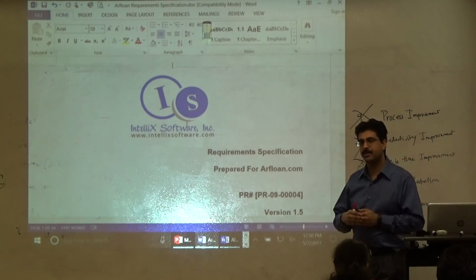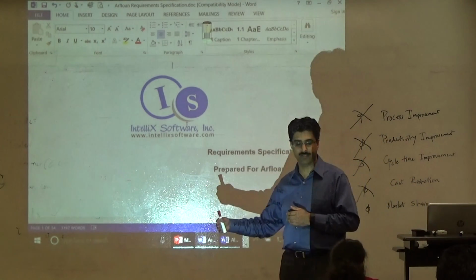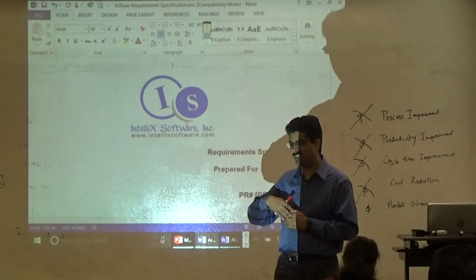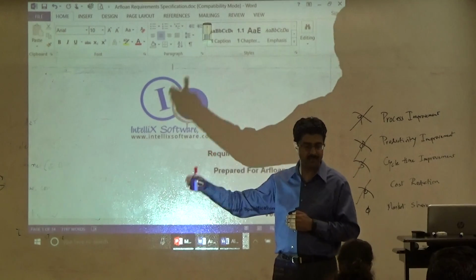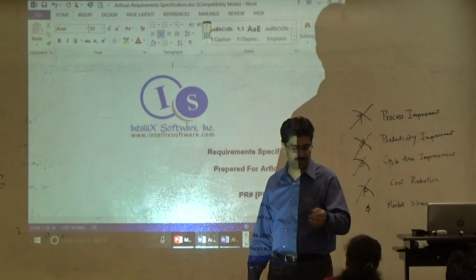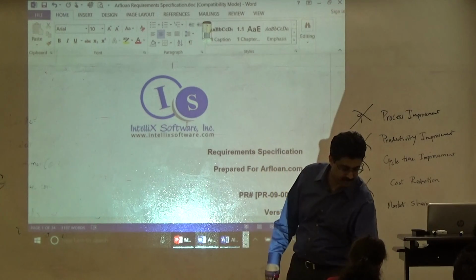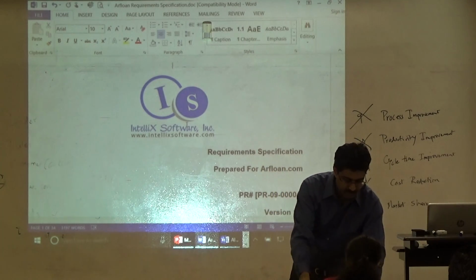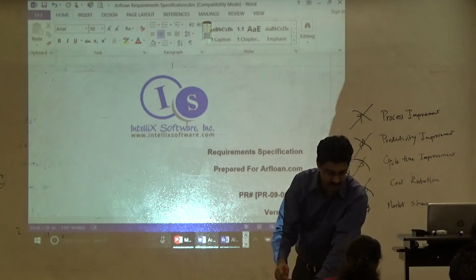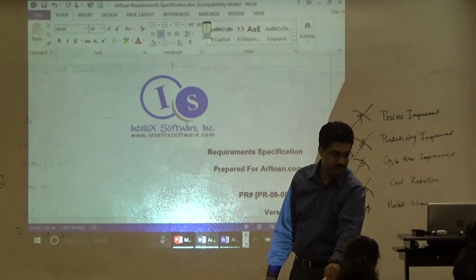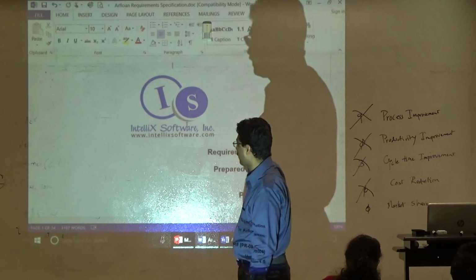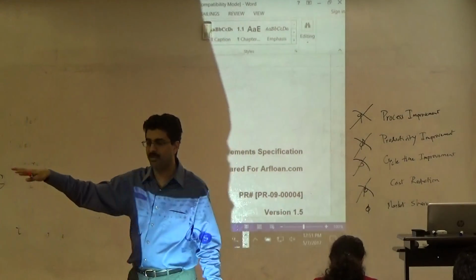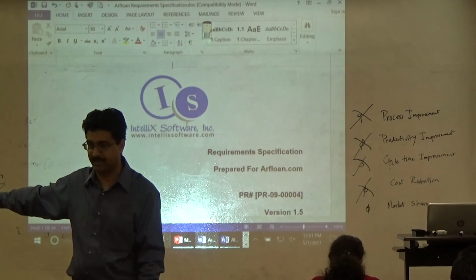Right after that, there is something called a system design document. If you keep going about 27, 28 pages down, the next document is our system design document. Right after the requirement specification document gets over, the system design document starts.